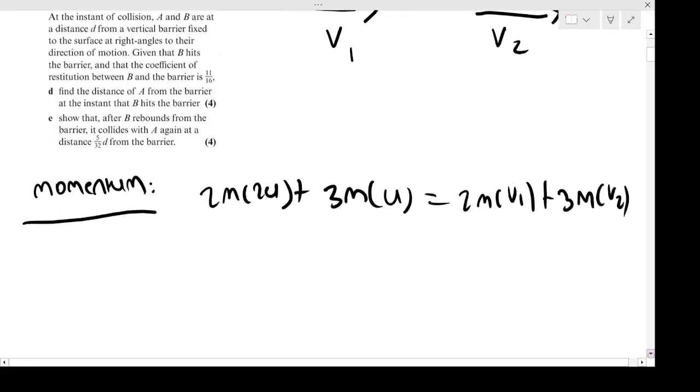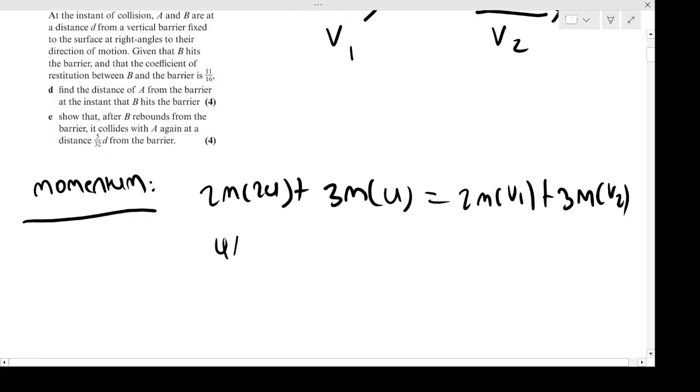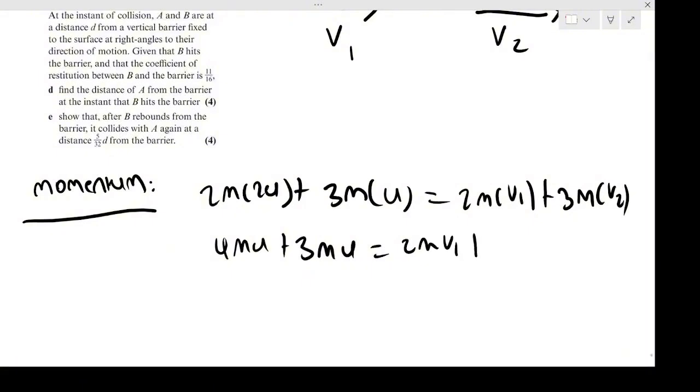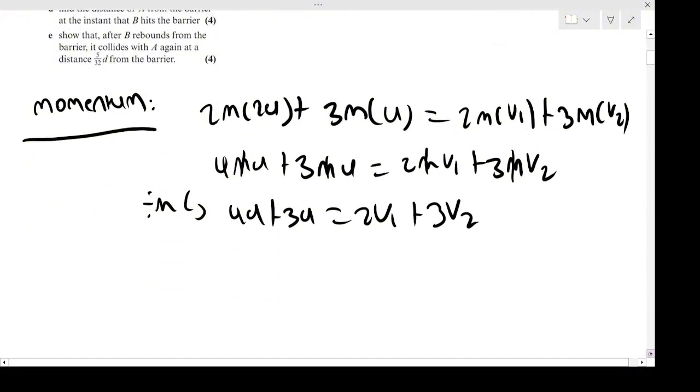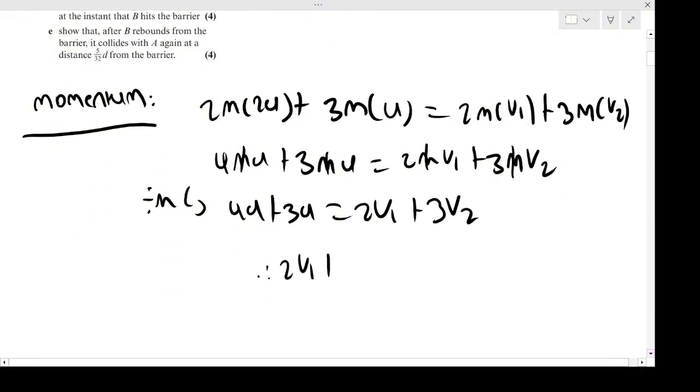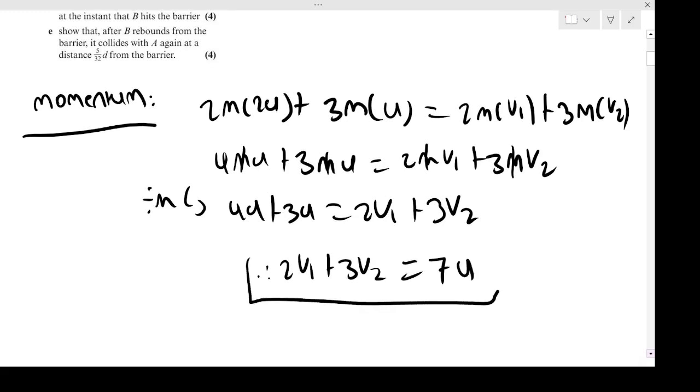So if we simplify this, we get 4mu add 3mu is 2mv1 add 3mv2. Then we can cancel the m's. And so we get 4u add 3u to be 2v1 add 3v2. Therefore, we get the equation 2v1 add 3v2 is 7u. And that's my first equation.